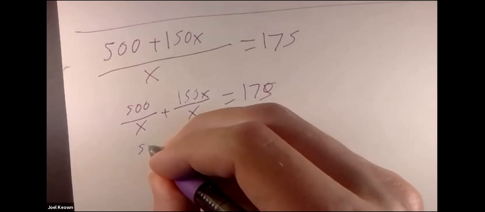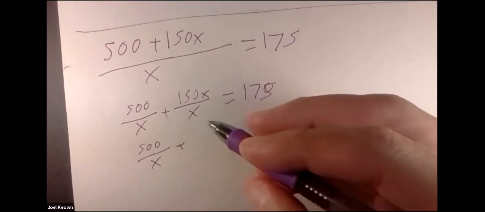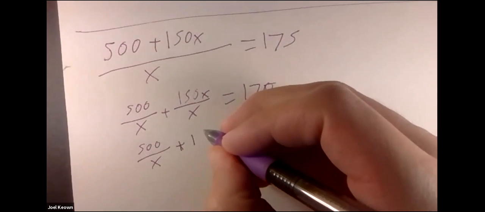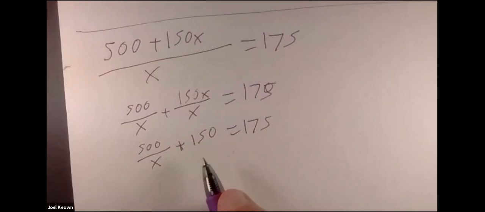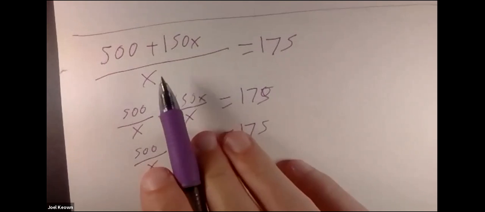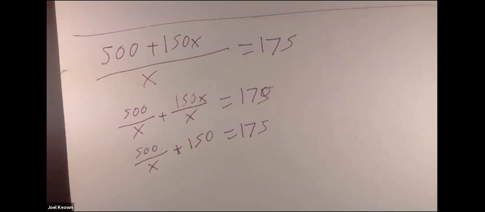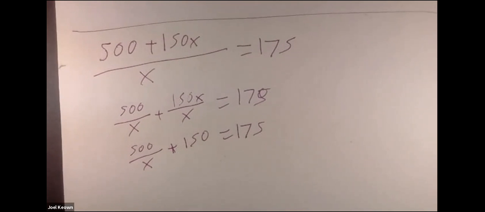And then I can say this is 500 over x plus, those x's cancel out, and I'm left with just 150. So now it's in transformation form. You didn't have to do that, but I wanted to show that this is the same thing as what we're doing. Okay? So there's that. I want to make this equal 175.